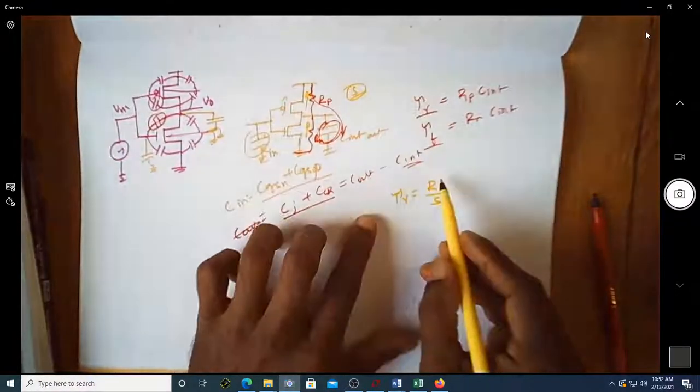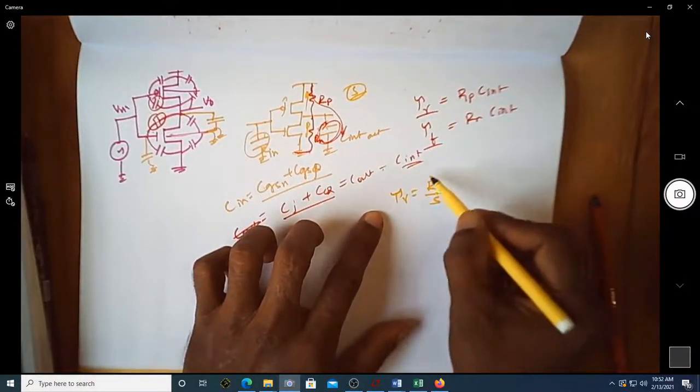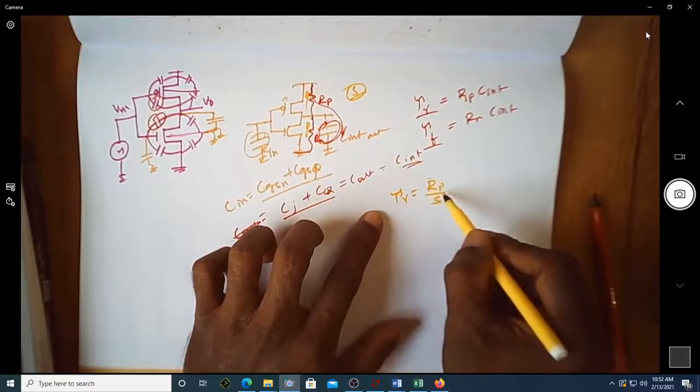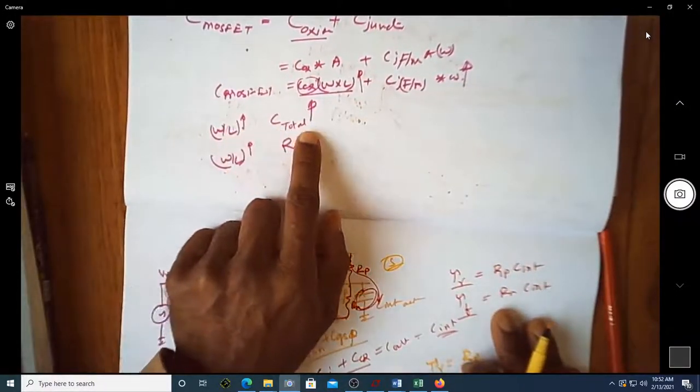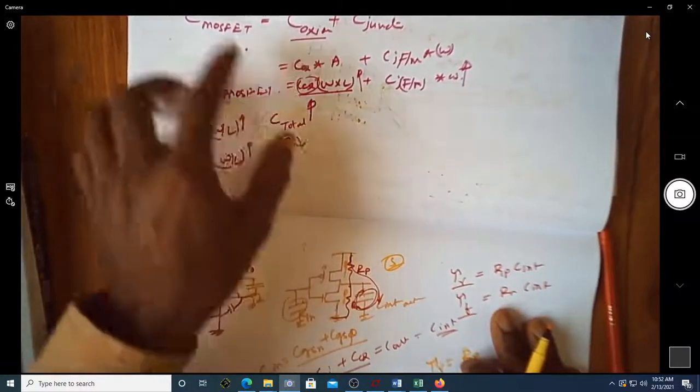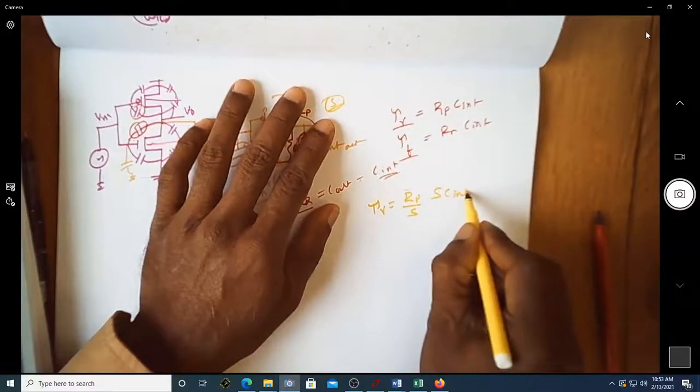So here we are considering scaling up by S times, and that reduces your Rp by S times. Similarly, we also saw that if you increase the dimension, the C total will increase proportionately. So now it is S times C intrinsic.